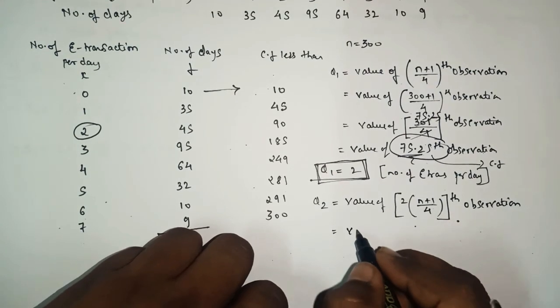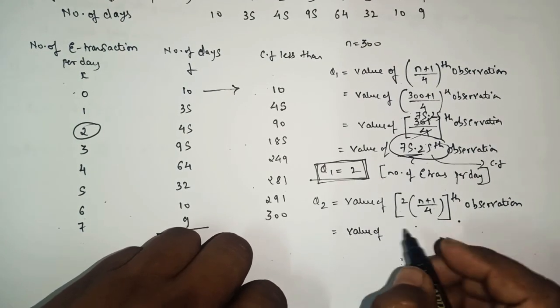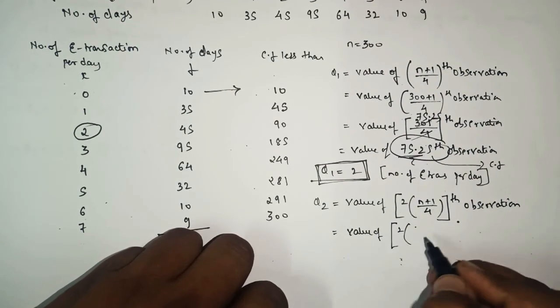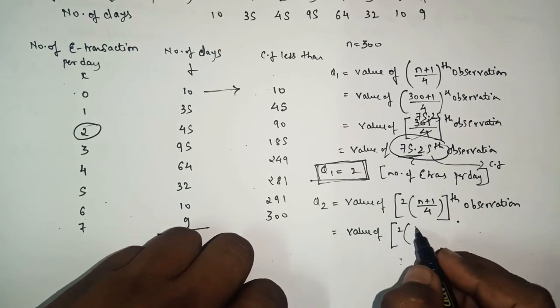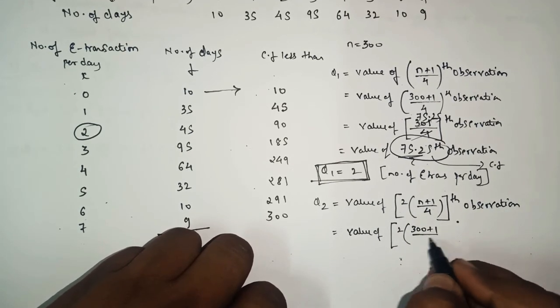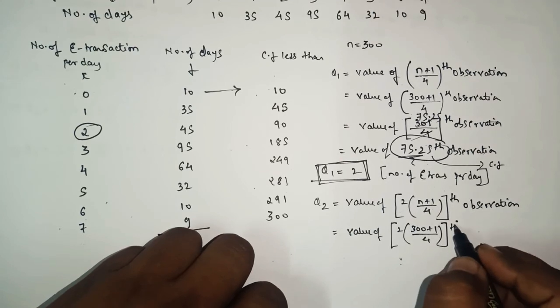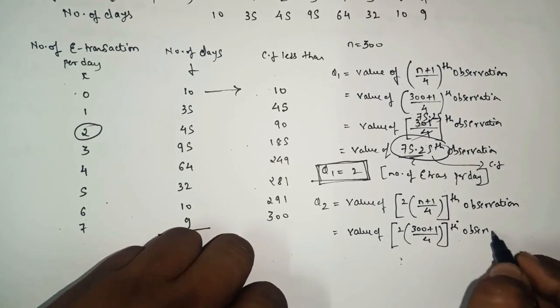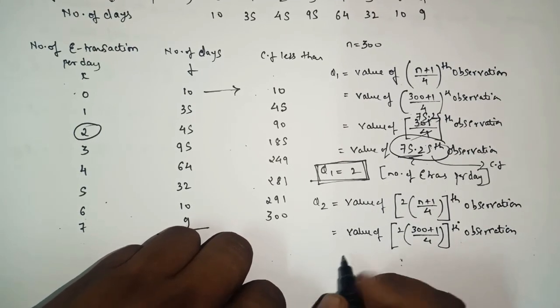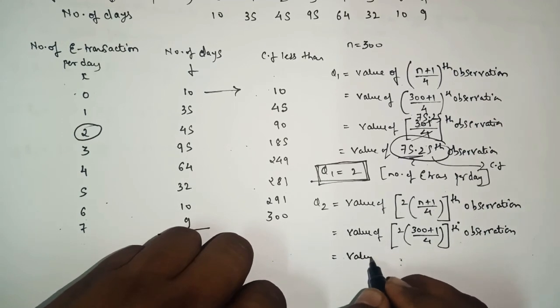Okay, so therefore the value of 2n is what? It is the value of (300 plus 1) upon 4th observation.